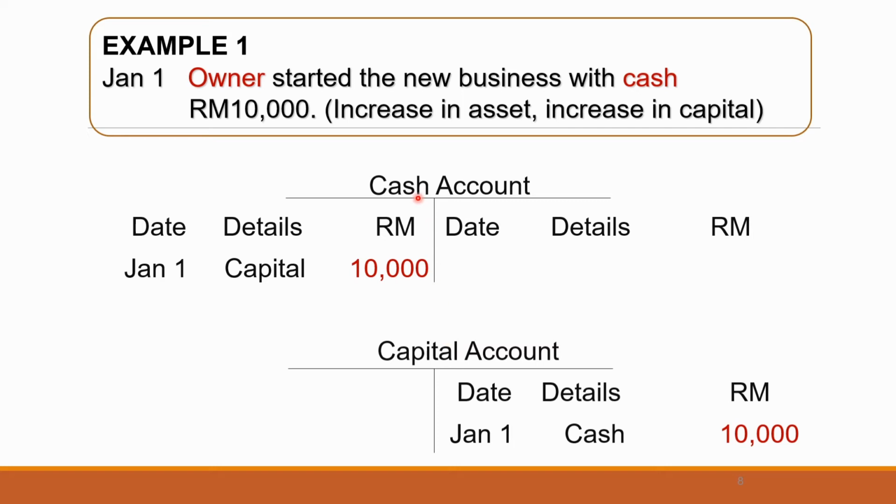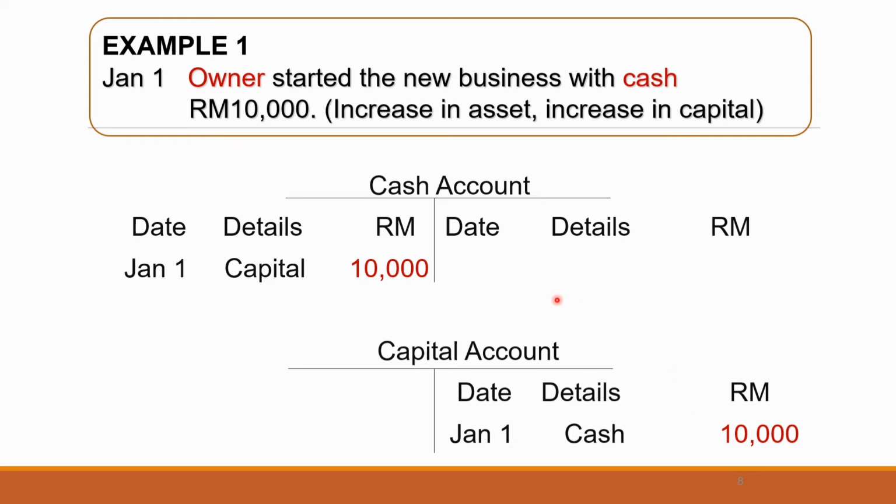Cash account is an increase in asset, so we must record in the debit side. We must follow the rules of the double entry system. And the capital account is categorized as equity. So when there is an increase in equity, we must record in the credit side.